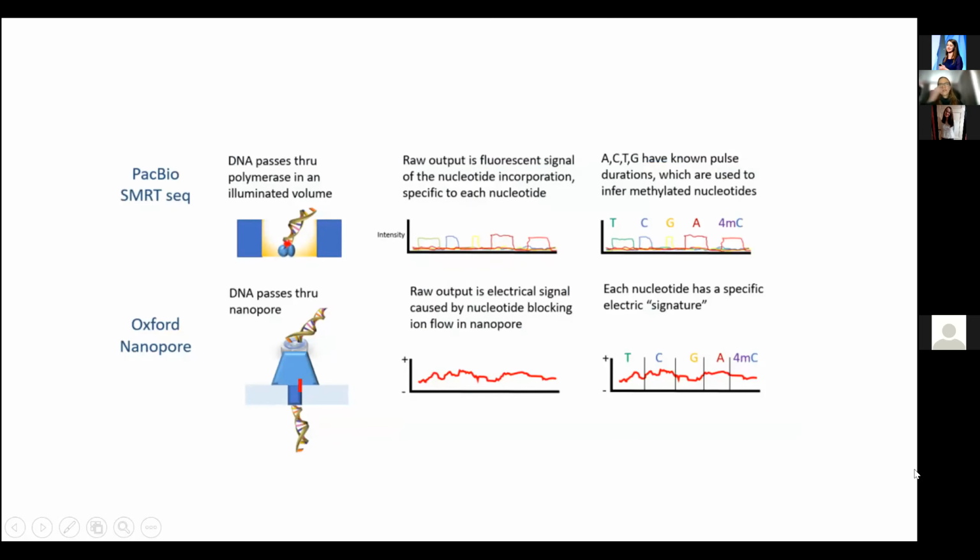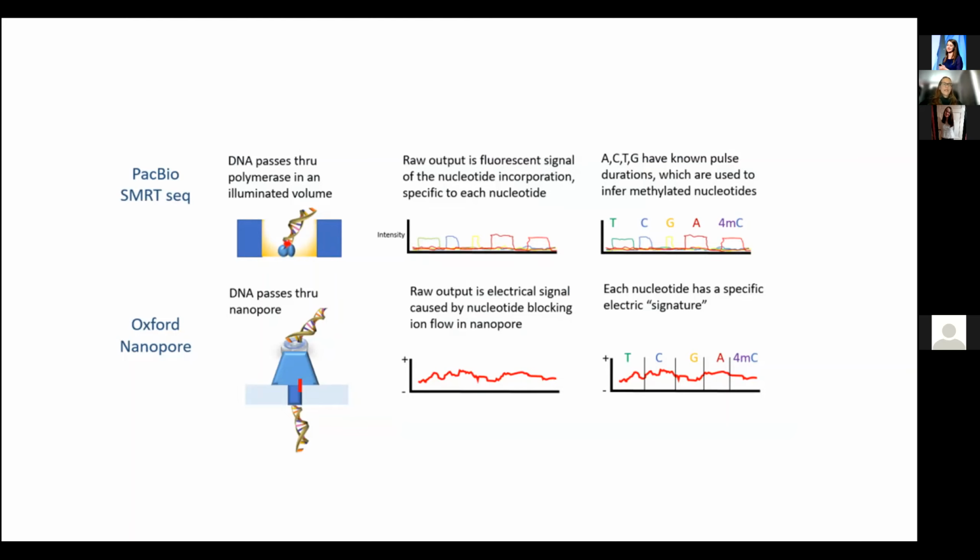Okay, and this is a little comparison between these two third-generation sequencing methods. PacBio uses fluorescent signals to detect nucleotides, and Oxford Nanopore uses electrical signals caused by nucleotides blocking the pore.